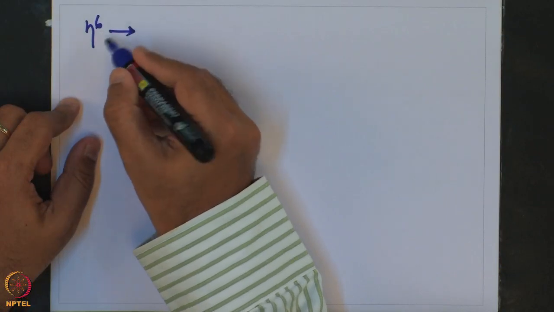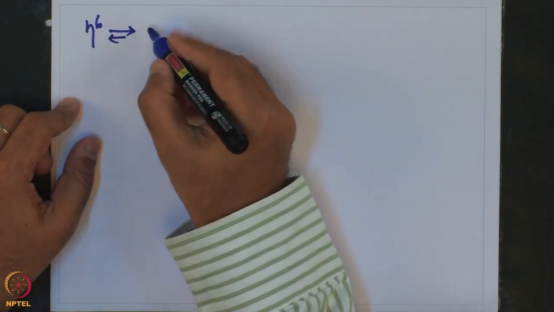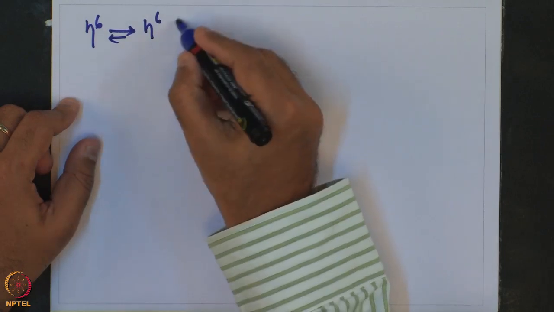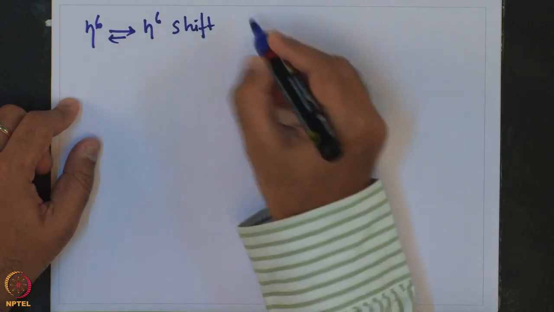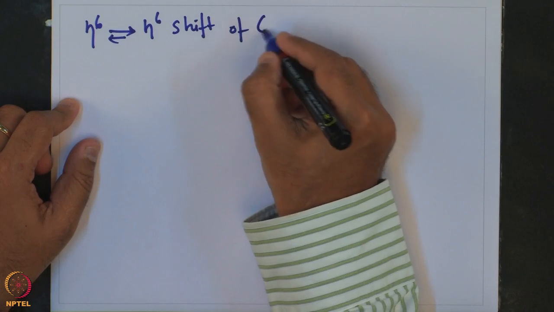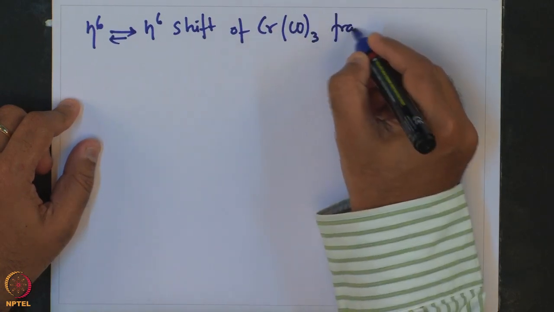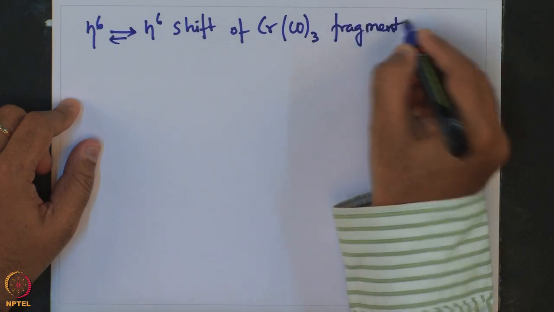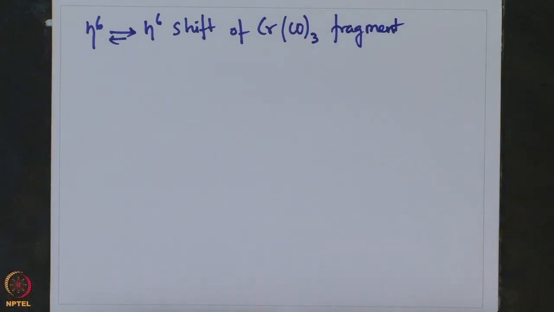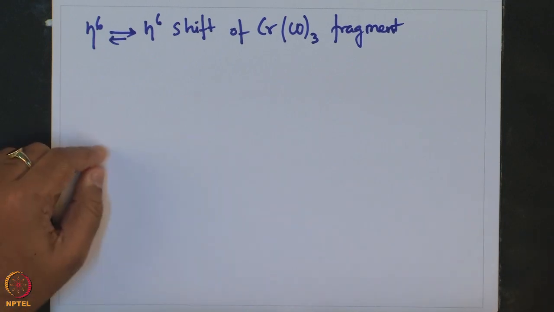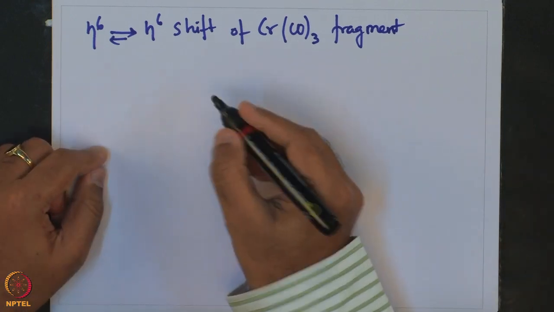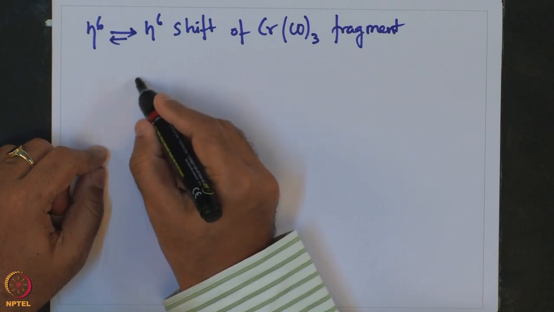So, this is eta 6 to eta 6 shift of the chromium tricarbonyl fragment, and this is beautifully illustrated by the example over here.